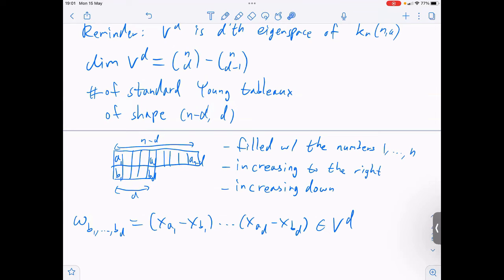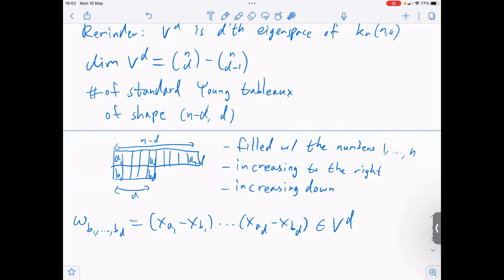So this is one vector in Vd. But if you go over all standard Young tableaux, then you get a basis for Vd. And what is the reason? If you look at these polynomials as you vary over all standard Young tableaux, and you write them in a matrix of coefficients, arranging the monomials with respect to the right lexicographic order, then this matrix will be triangular.